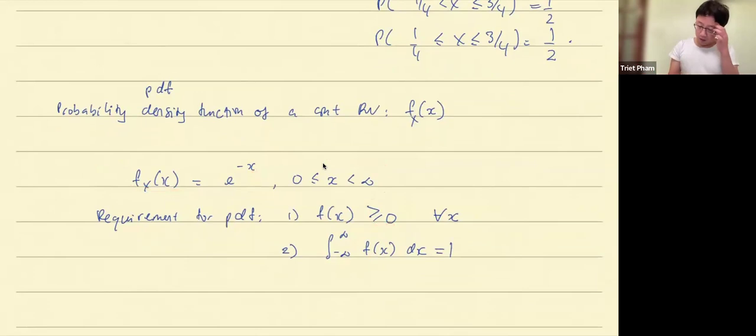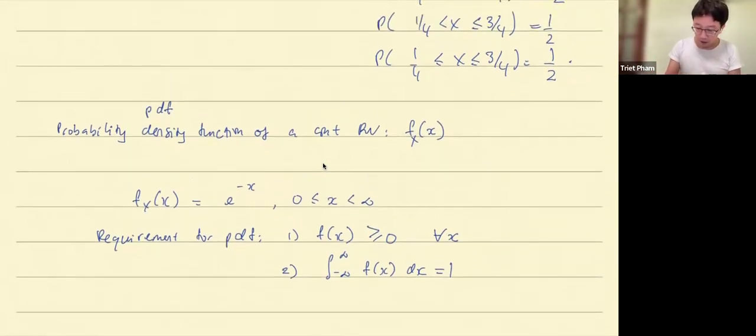Technically speaking, people can even define it like this: e to minus x for x positive, and equal to 0 for x negative. That probably is the complete description, but no one really would write this down because it's understood that if it's not mentioned, the density is going to be 0 outside the range of description.